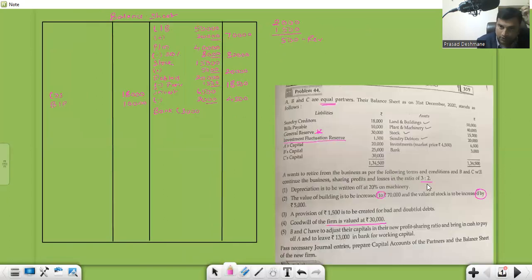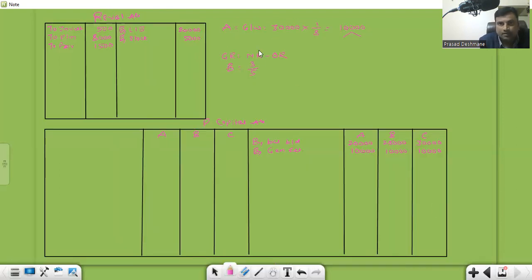This is the new ratio given to us, 3:2. So B's is 3/5, and the old ratio for B is 1/3. So LCM will be 15: 5 3s are 15, and 3 5s are 15. So 3 3s are 9 minus 5 is equal to 4/15.